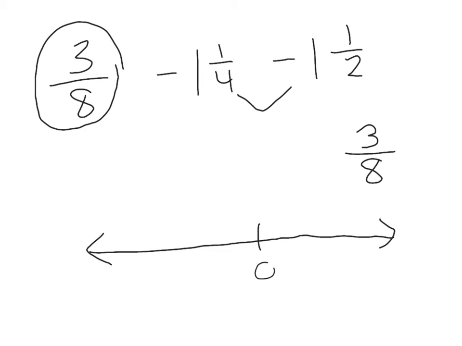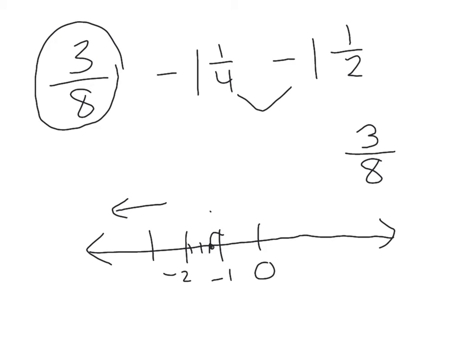I have 0, 1, 2, negative 1, negative 2. And I know the further this way we go, the smaller the number is. So negative 1 1/4 is going to be just a 1/4 piece over here from negative 1.